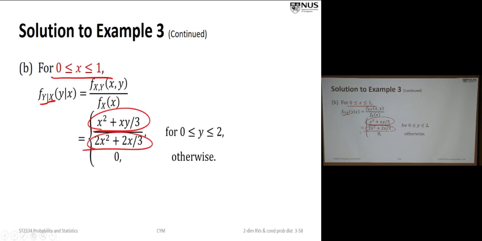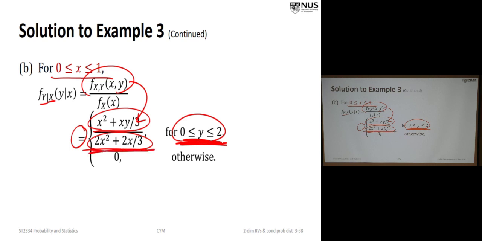And this is only valid when y is between 0 and 2. Why is that so? We need this in order for this to be valid. So in other words, this goes to this one only when y is between 0 and 2. This equal to this is valid because we already specified that x has to be between 0 and 1.